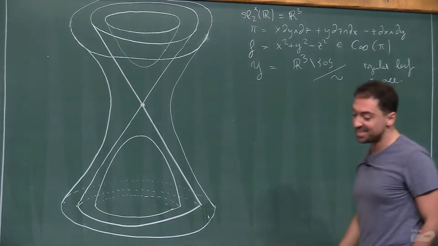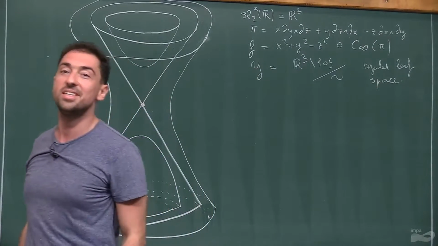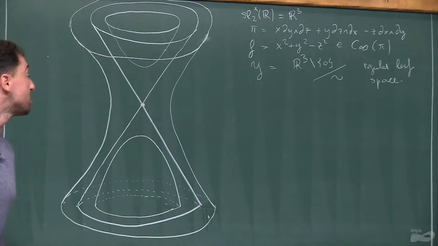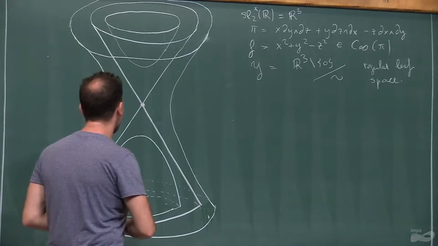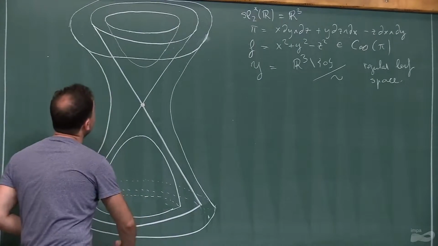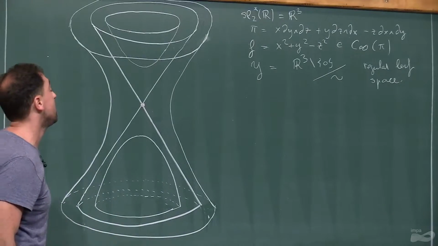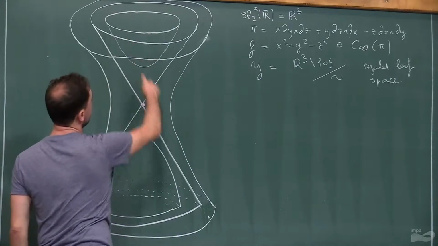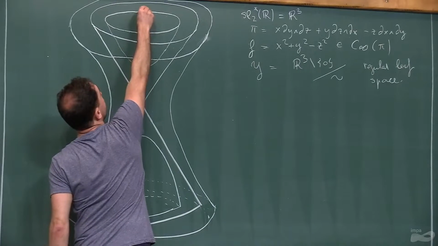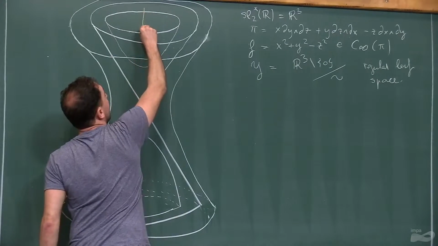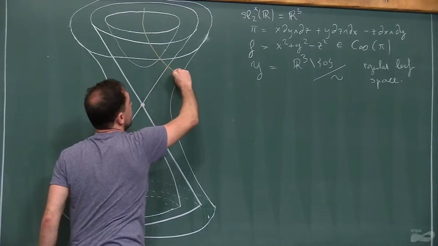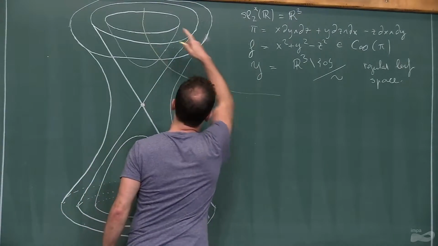What happens in this situation is that this regular leaf space is actually a smooth manifold, but non-Hausdorff. And the way to visualize it is, you can think about starting with a vertical line, which cuts each leaf in one point.